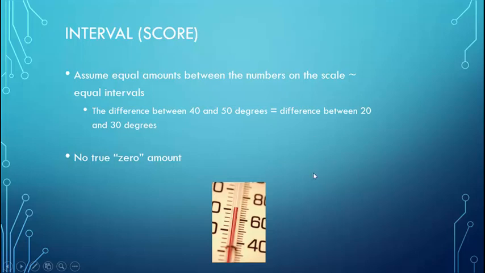That's 1 degree difference. And that's the same as between 88 and 89 degrees, 1 degree difference in temperature. And that's also the same difference as between 30 and 31 degrees. Each interval on the scale, so going from 30 to 31, 31 to 32, 32 to 33, those are equal intervals in terms of an increase in temperature.